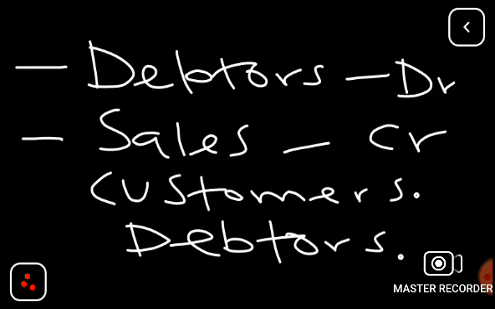But the moment a customer buys something from us on a cash basis, he's just called a customer. The opposite is if a customer buys something from us on credit, then he becomes a debtor. So those are the tips that you must know about the sales ledger.